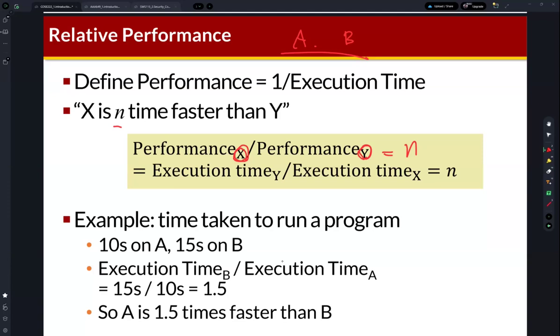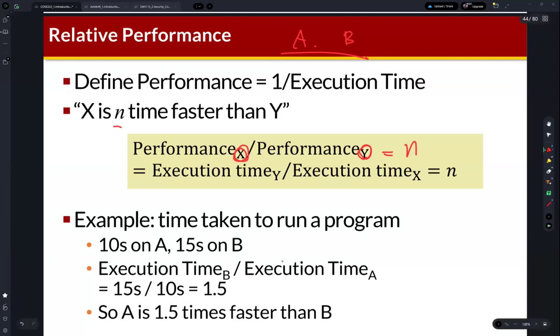If you compare the response time of 10 seconds or 20 seconds for the 100-meter race, then the performance of 10 seconds is higher than the performance of 20 seconds, obviously. So what can you find?